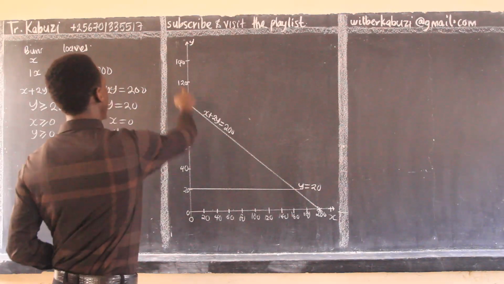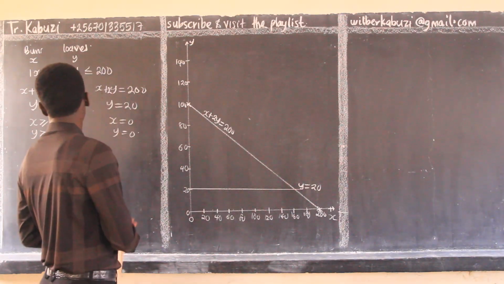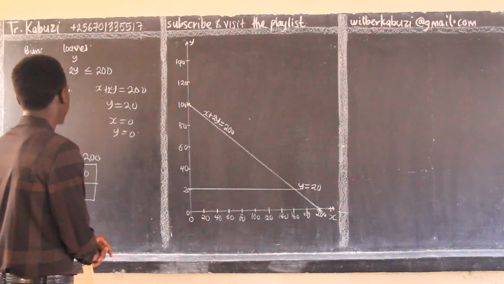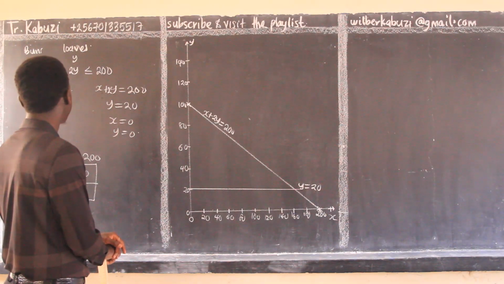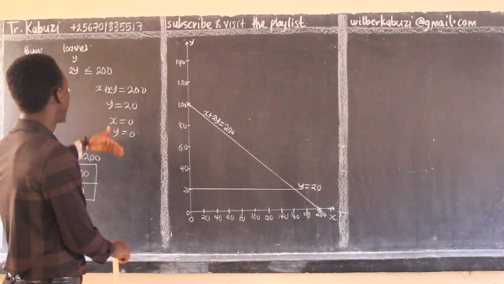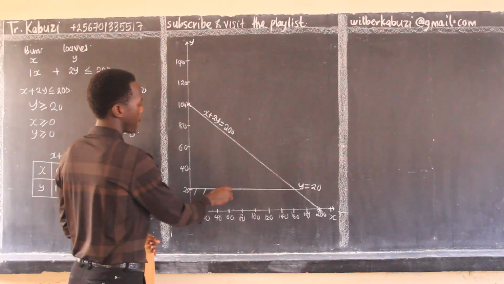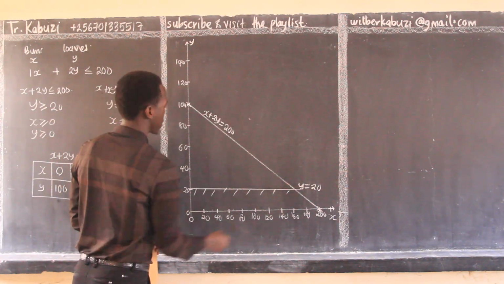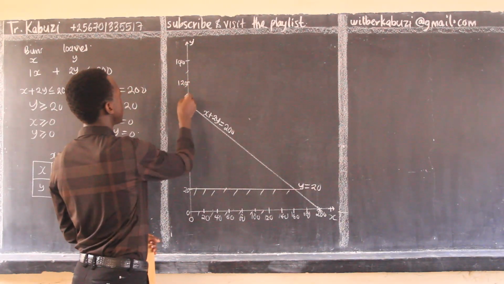Then X equals 0 and Y equals 0 there. Then we want to shade at least 20, meaning we're interested in anything above, so we don't want anything below. Then the obvious ones as well.